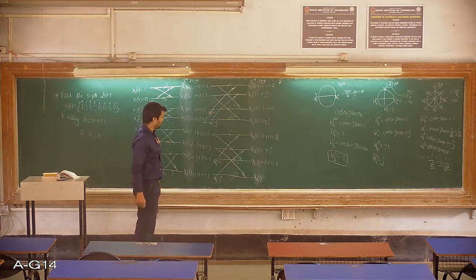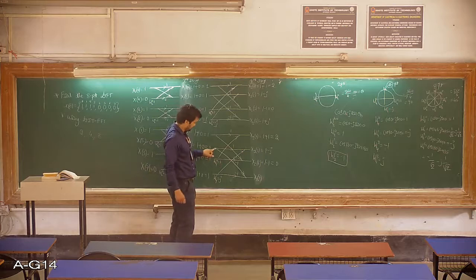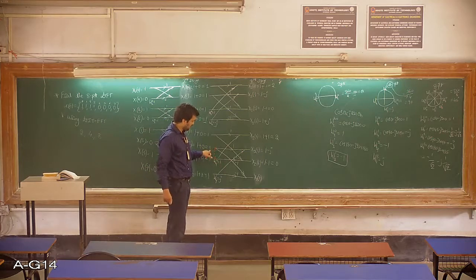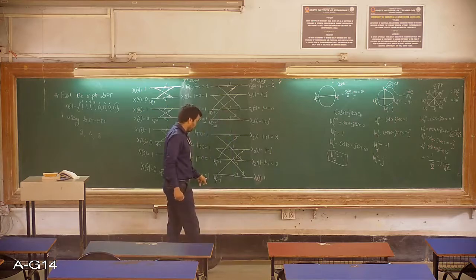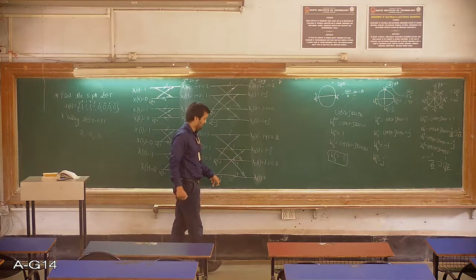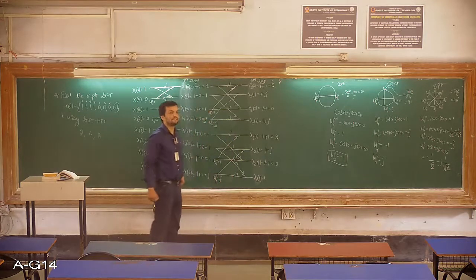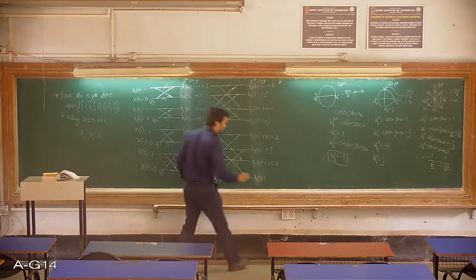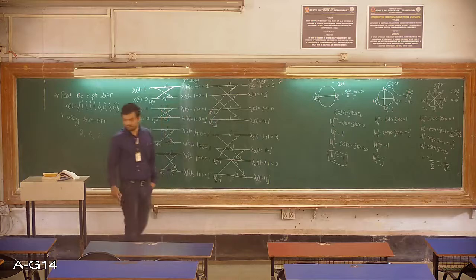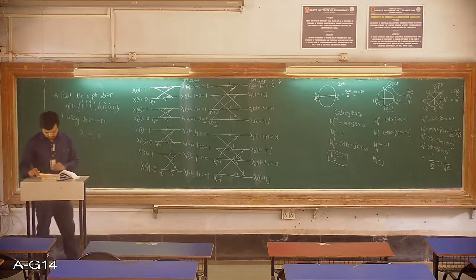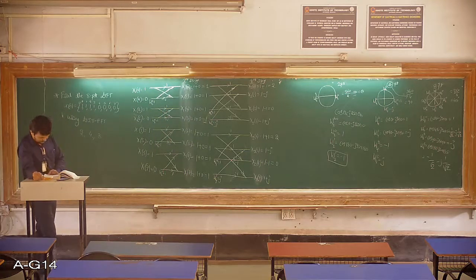The last value calculation, the arrow came from this point, the value here is 1. 1 into minus j, minus j into minus 1 is plus j. So we will get 1 plus j. So the second stage answers are 2, 1 minus j, 0, 1 plus j, 2, 1 minus j, 0 and 1 plus j.